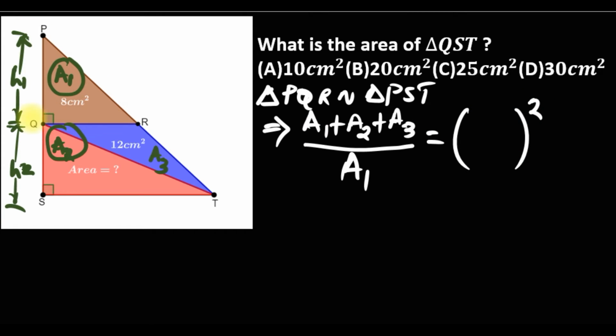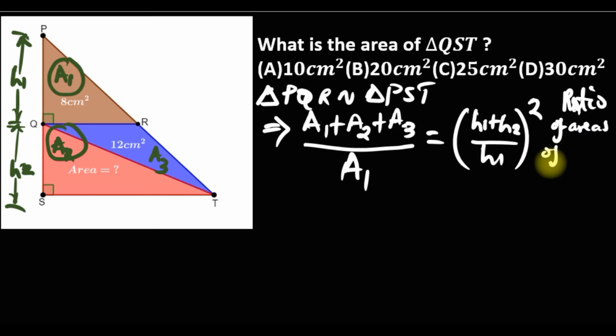We're going to use height as the corresponding side, so for the big triangle it is H1 plus H2 over H1. This is the formula for the ratio of areas of similar triangles, and that's what we're going to use.